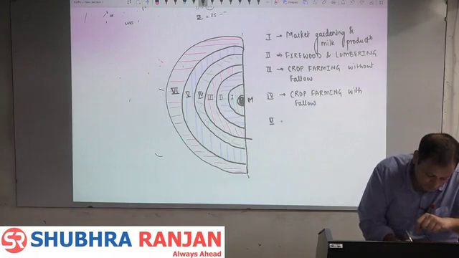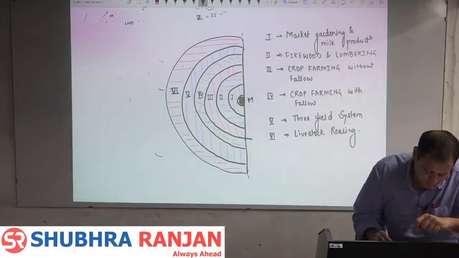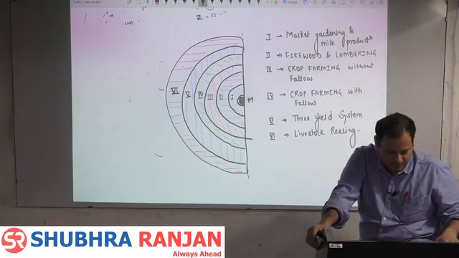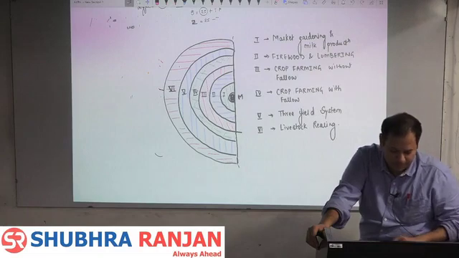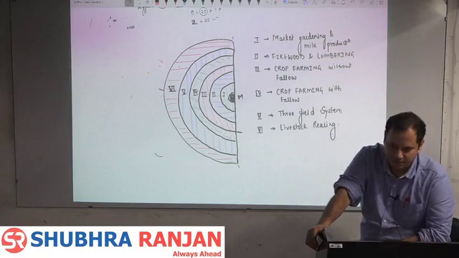Zone 5, 3-field system. And zone 6, livestock. Two different crops or leaving the land fallow, or 3 different crops.